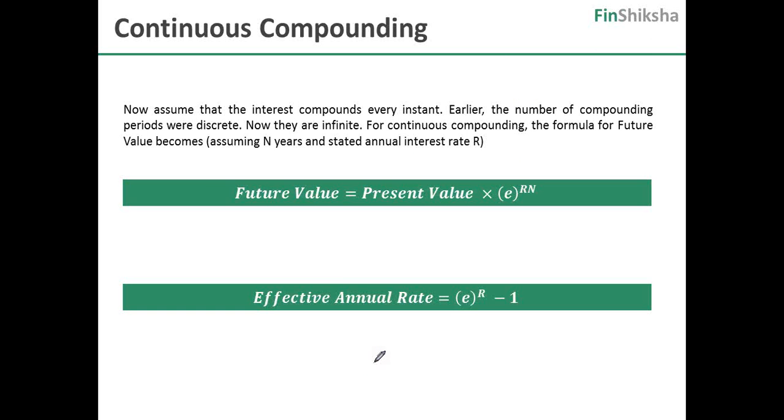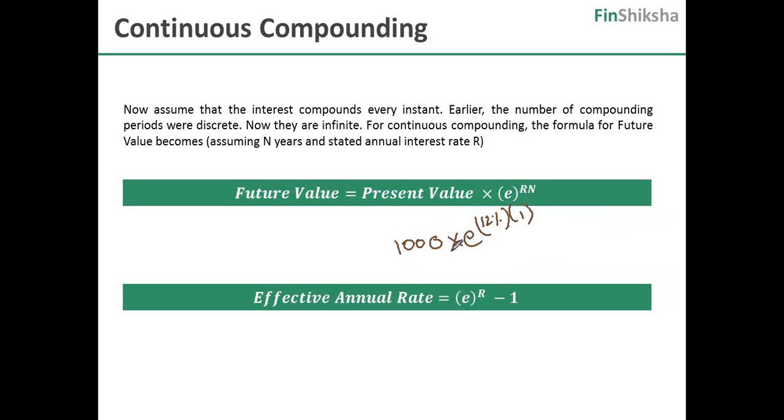Fine. Let's move ahead. If on the contrary, now you assume that the interest rate compounds every instant. It is continuous compounding, which means every second, every moment you're generating interest, and you're generating interest on that interest as well. This is known as continuous compounding, where effectively you are putting it to the power of e. So e to the power 12% multiplied by 1 period, 1 year.